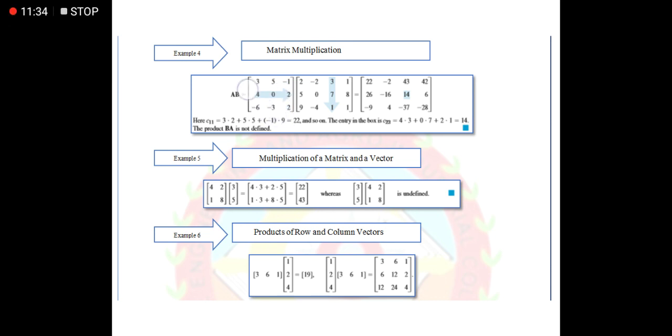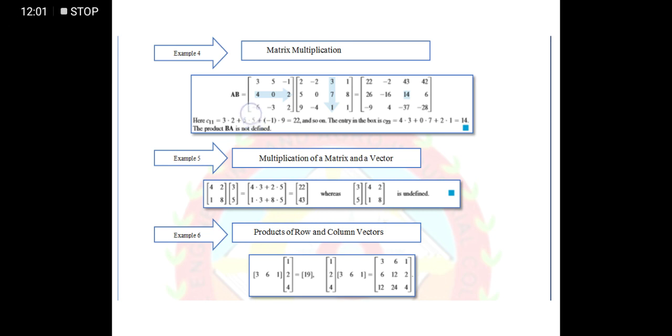That means you multiply 3 by 2, 5 by 5, negative 1 by 9, and after that you add the results, so that is the 22. Take note that the location of your first multiplication in the rows is the location of your answer, 22.